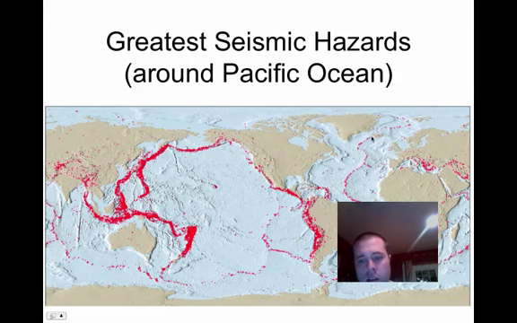And over on the other side here, this thinner line down here is our divergent boundary, the Mid-Atlantic Ridge, a mid-ocean ridge. But with all this activity, we have this great seismic activity here because of subduction zones. Oceanic crust subducting under continental crust. Those give us our biggest earthquakes and our most violent volcanoes.